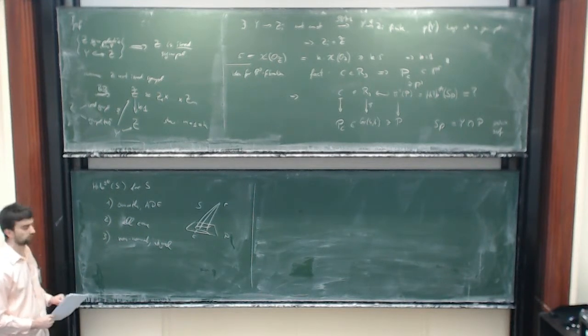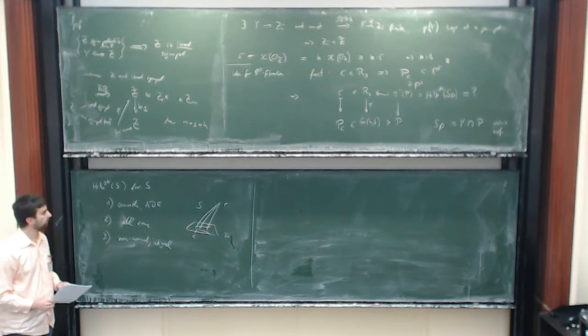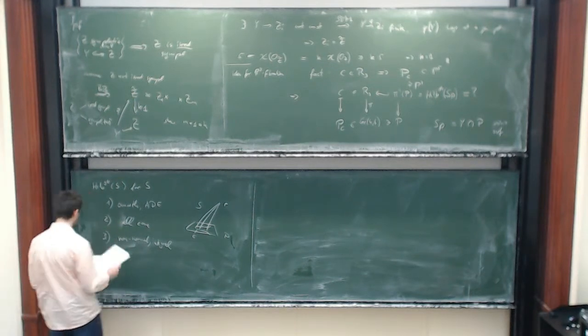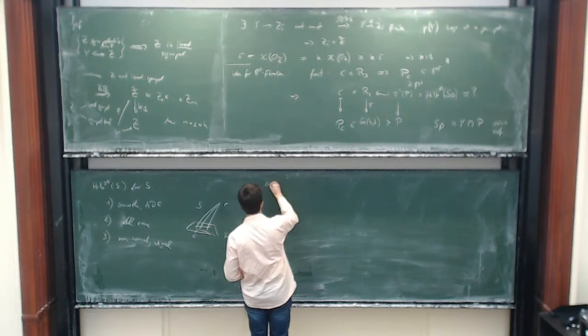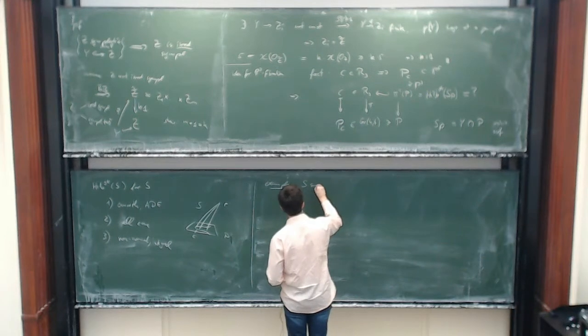So a cubic surface that is contained in Y will automatically be integral. And so I'd like to give an example. The easiest case, so for S smooth.